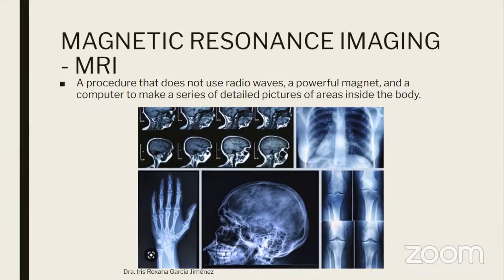They are nontoxic. Nowadays they are getting more accessible. It's easy to get an MRI, but of course the cost is so high. This device uses a powerful magnet and then a computer to capture the imaging and show what is going wrong.